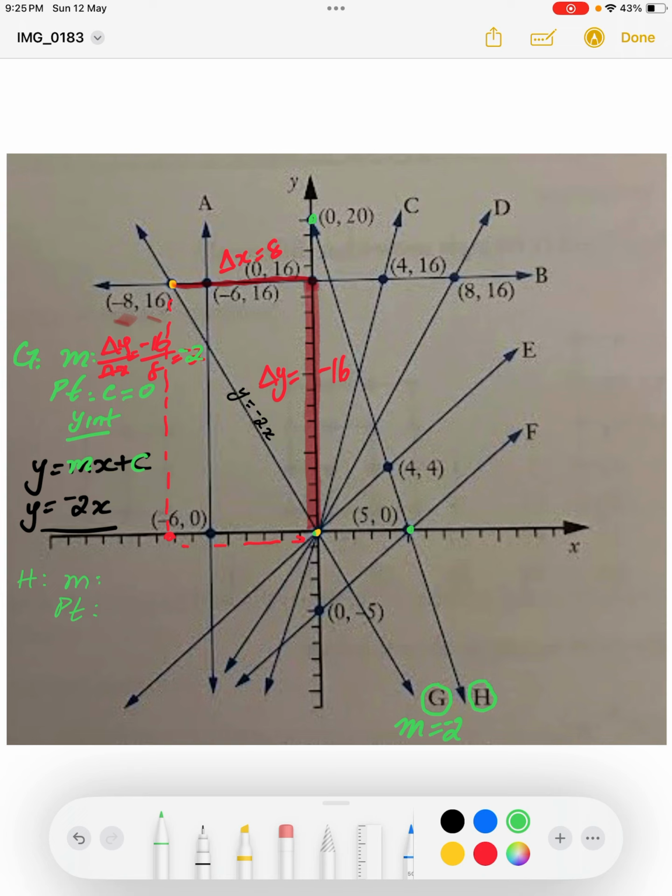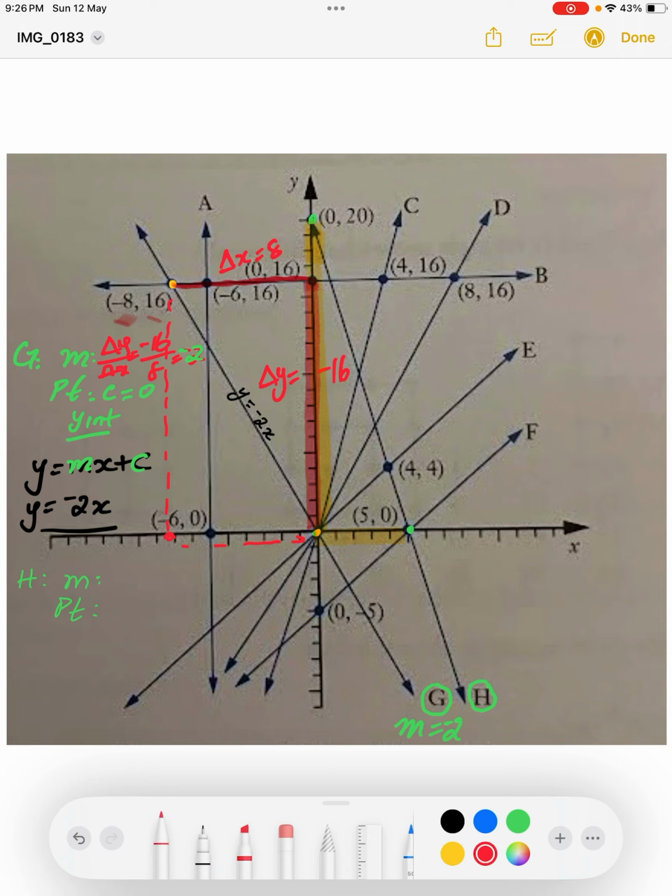Now let's get the gradient. And for the gradient, I'll use a blue highlighter here. So we're going to go from this point. We're going to go down. It's yellow. No, that's fine. We'll go down 20 and across 5.